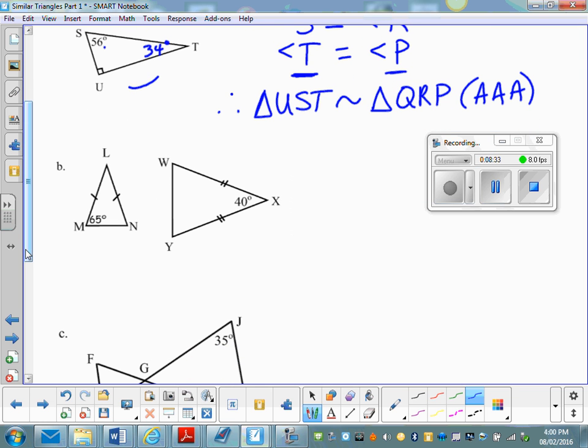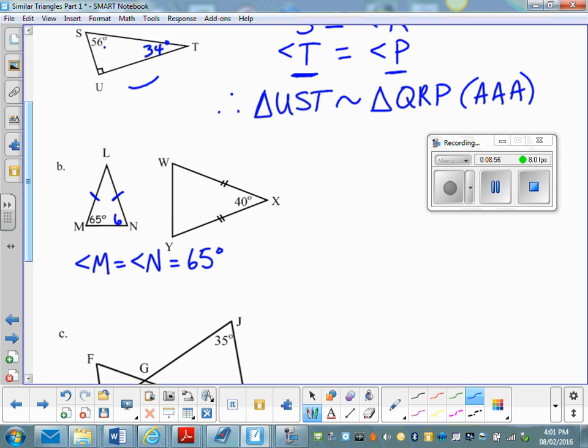All right, in the second case here, I've got an isosceles triangle with these two sides equal, here and here. So that means that angle M equals angle N. That means that angle N is going to equal 65 degrees.